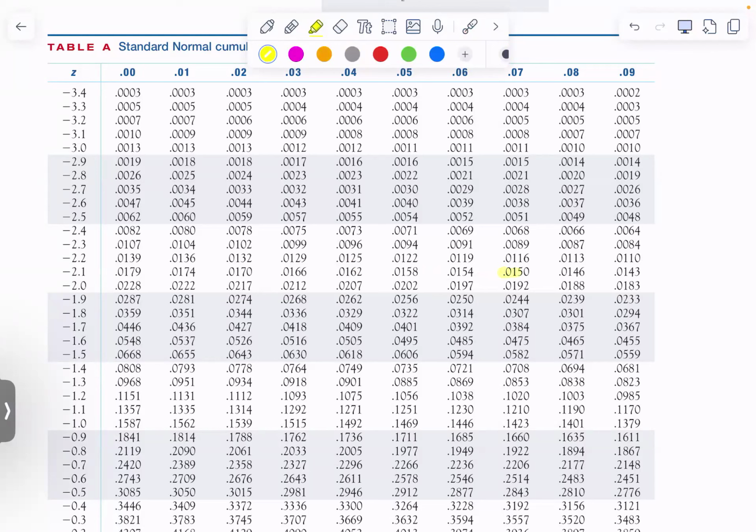Bang on. Which means that we would need a Z star of 2.17.